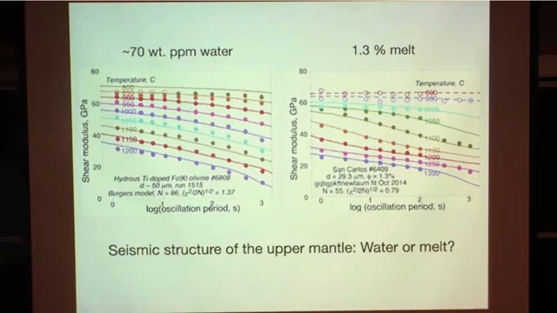So I'm not saying this is exactly realistic. The point is that experimentally, both water and melt have a strong effect on seismic properties. So unfortunately, we thought we could distinguish by doing these measurements between contributions from water and melt on seismic properties, but they both are fairly efficient in reducing seismic properties. So I'll leave it at that.